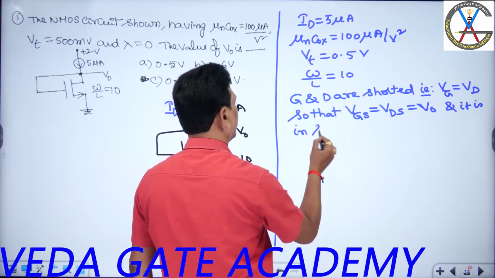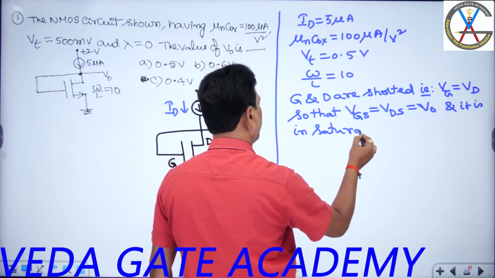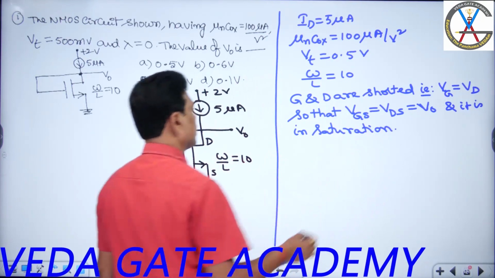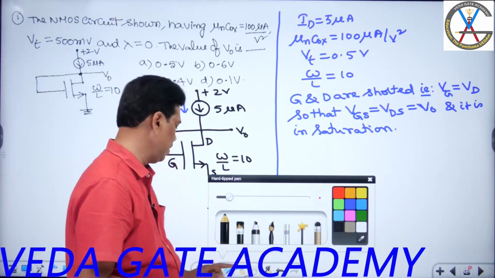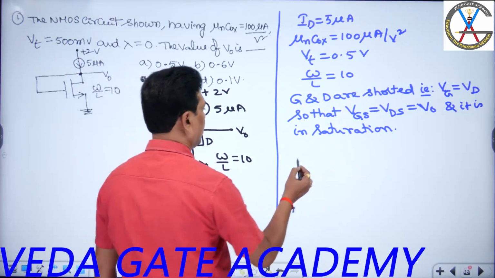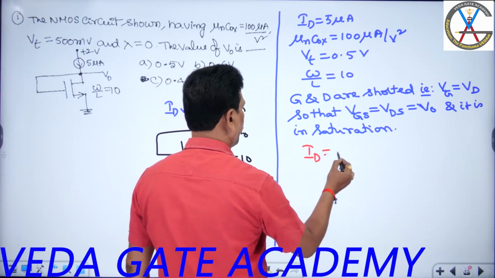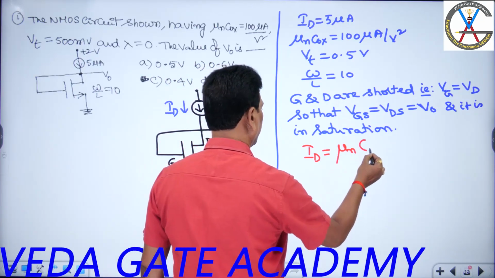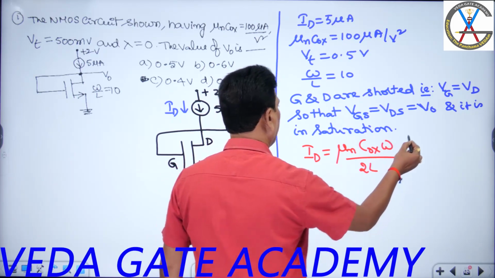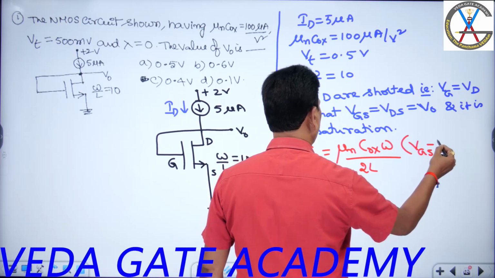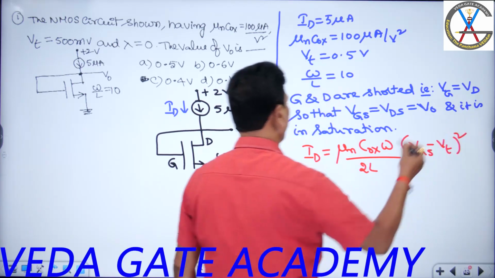You are asking for the output V0, sir. It is in saturation mode, students. What is the equation of drain current under saturation mode? This is the formula you know: ID equals mu n COX W by 2L into (VGS minus VT) whole square.